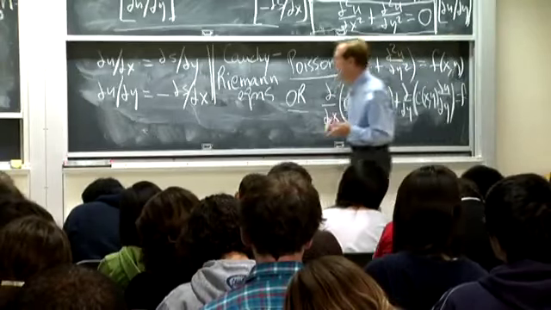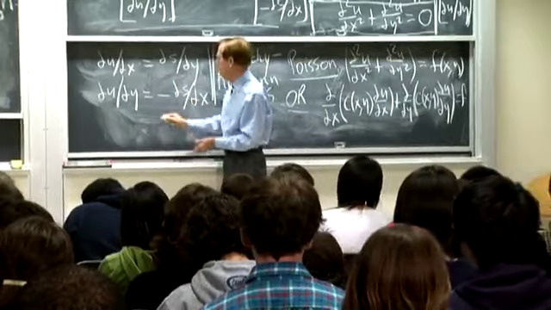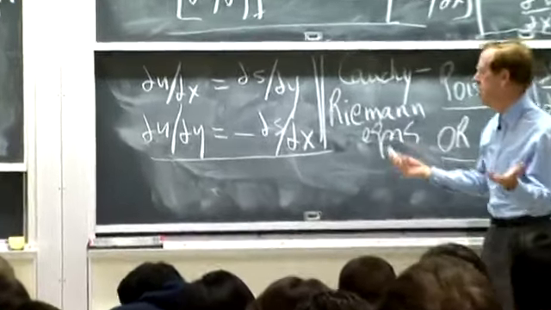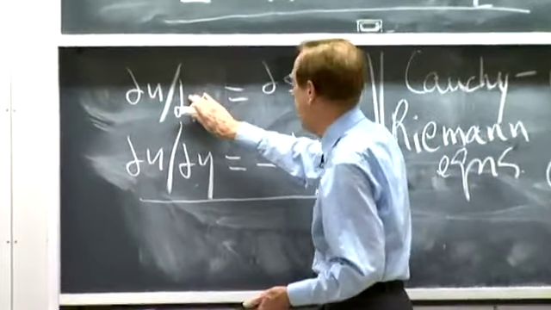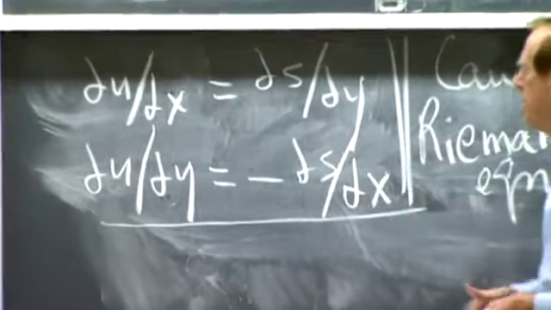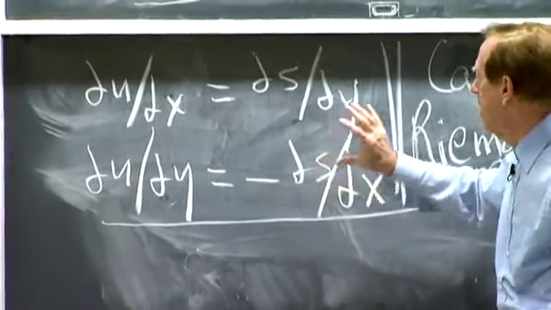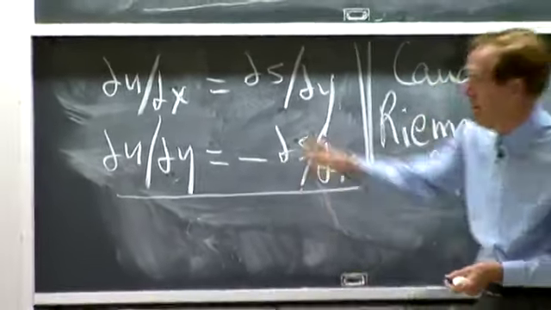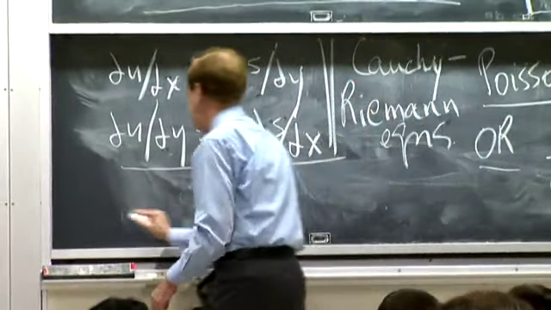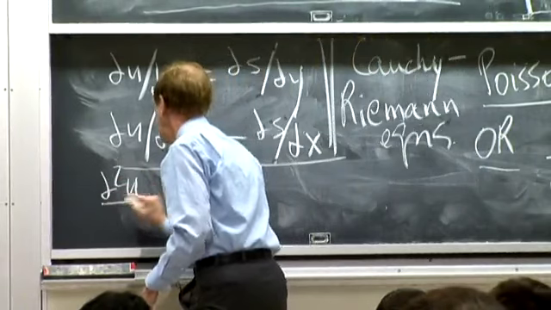Can you see that u will satisfy this? This is the key to everything. Does u satisfy Laplace's equation? Sure, I take the x derivative of that and add the y derivative of that. Do you see it works? It's exactly the cancellation of the cross derivatives that I wanted, so I combine those into Laplace.